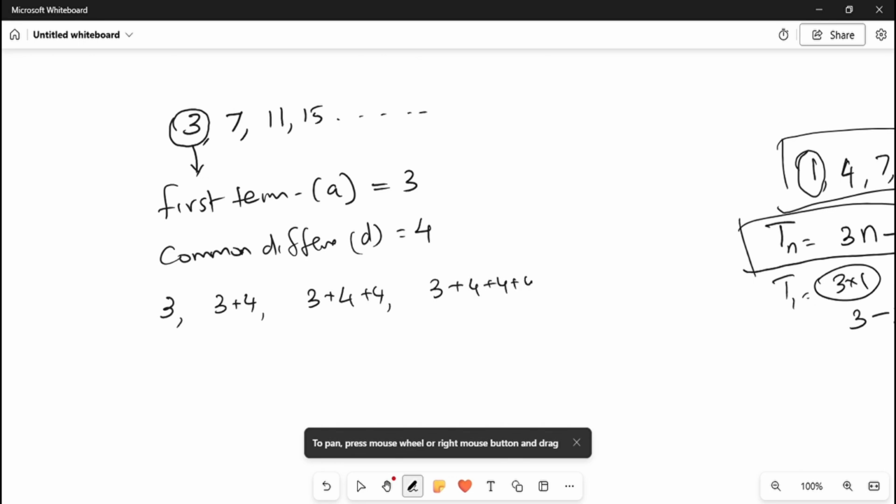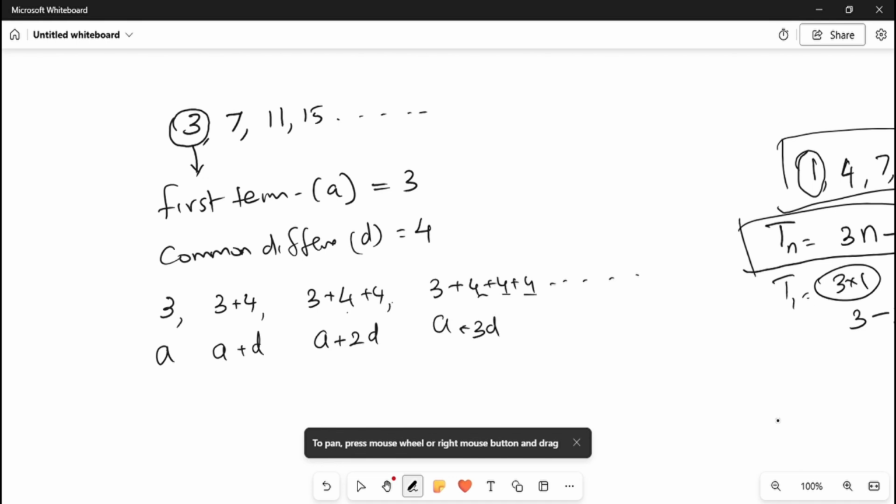Like that it is going. Now in this pattern, the first term let's keep as A. Second term A plus D, where D is the common difference. Third one A plus D plus D, that is 2D. Then A plus D plus D plus D, that is 3D.